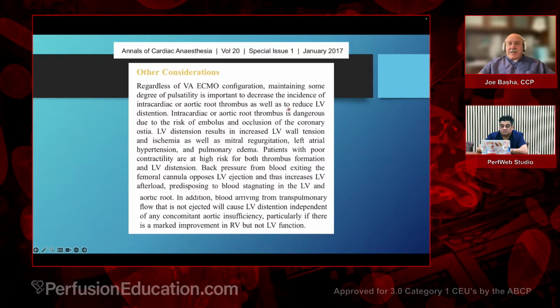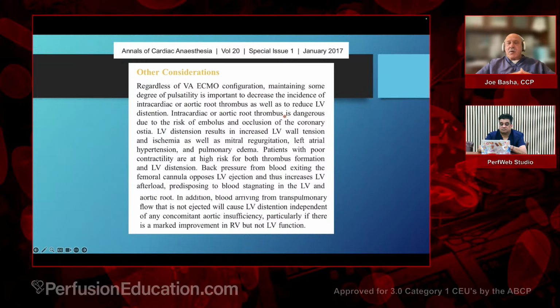Other things you have to be concerned about is cardiac. I won't read all of this, but you have to be very concerned about cardiac distension. When you're on VA ECMO, you are increasing the afterload on the LV to eject. And if you do not have good anticoagulation and your aortic valve is not opening, you can get thrombus in the aortic root, but also in the LV as well.